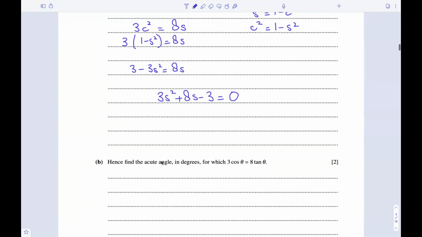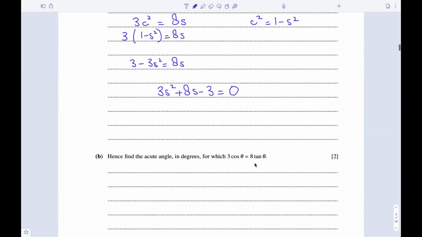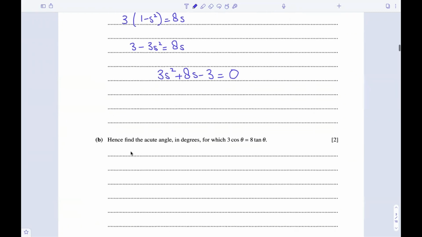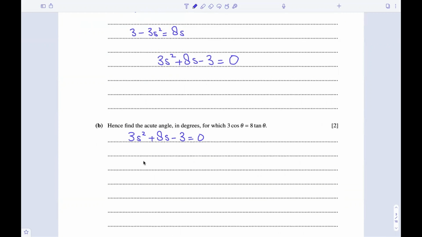In part B, we have to find the acute angle, which means less than 90, for which 3 cos is equal to 8 tan. We know that we have simplified it in terms of sine, which is 3 sine squared plus 8 sine minus 3 is equal to 0. Factorizing this, we get 3 sine squared plus 9 sine minus 3 is equal to 0. So we have 3 sine, taking 1 common, we get sine plus 3 is equal to 0.